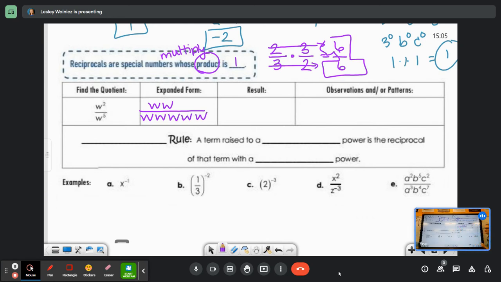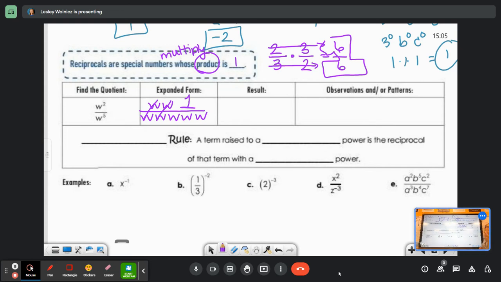At least it's not 15 this time. So what cancels? Yeah, these w's and these w's. What is left up here in the numerator? It's not a 0. It's a 1. Okay, it's just a 1 left behind, right? Because don't these cancel and make a 1?